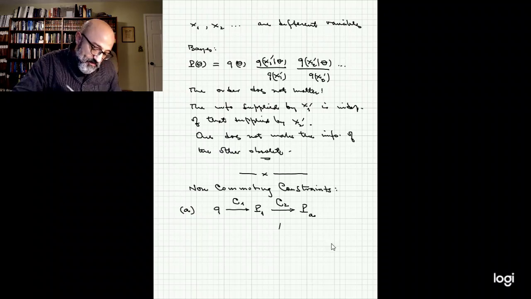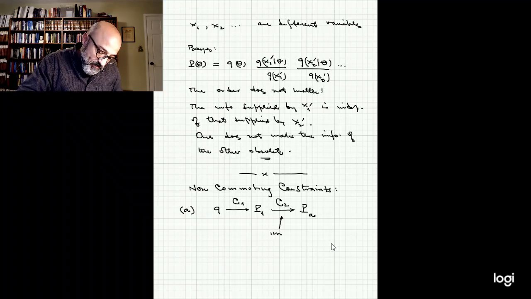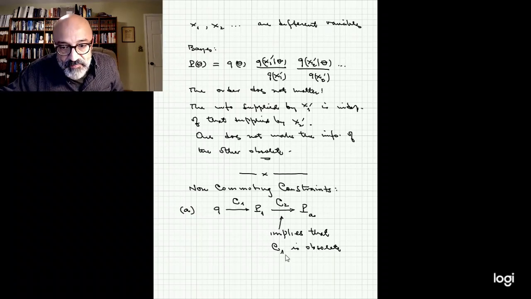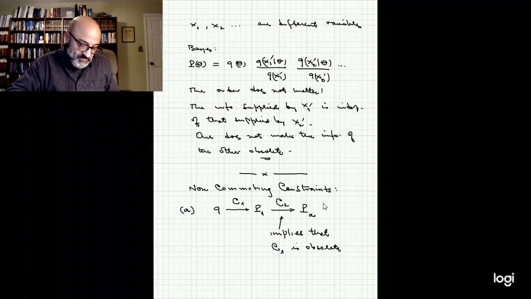That's the situation that I'm describing when I write something like this here. When I impose this constraint, this implies that C1 is obsolete. It's going to be completely replaced by C2.